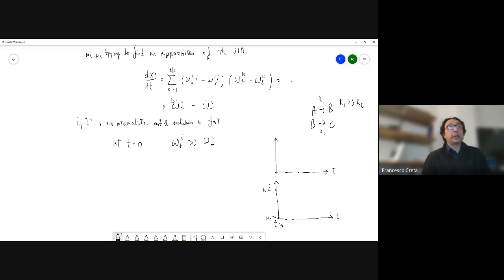It means that essentially, initially, because the rate of change of xi is the difference between the two terms, at the beginning we can have a very fast increase. So this is the xi, okay? So very large dxi by dt, much bigger than 1.